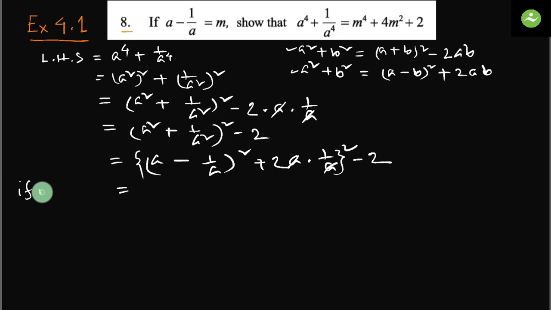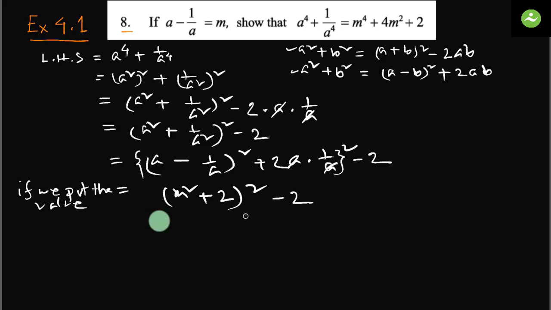then it is (m square plus 2) whole square minus 2, which equals (m square) whole square plus 2ab, 2 into m square into 2, plus 2 square, minus 2.